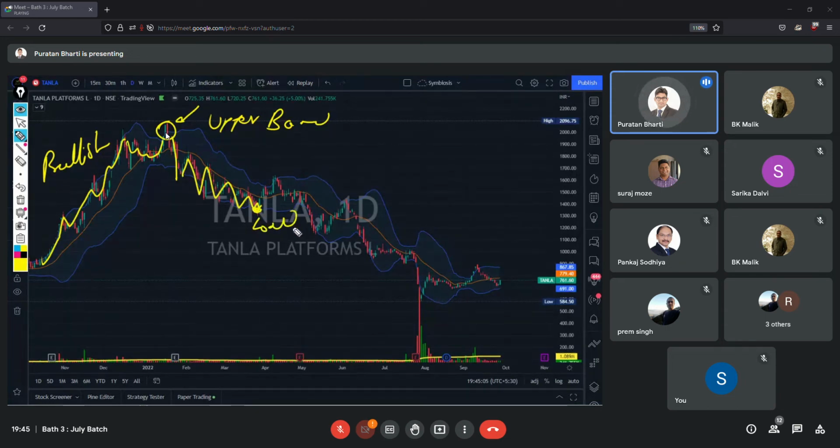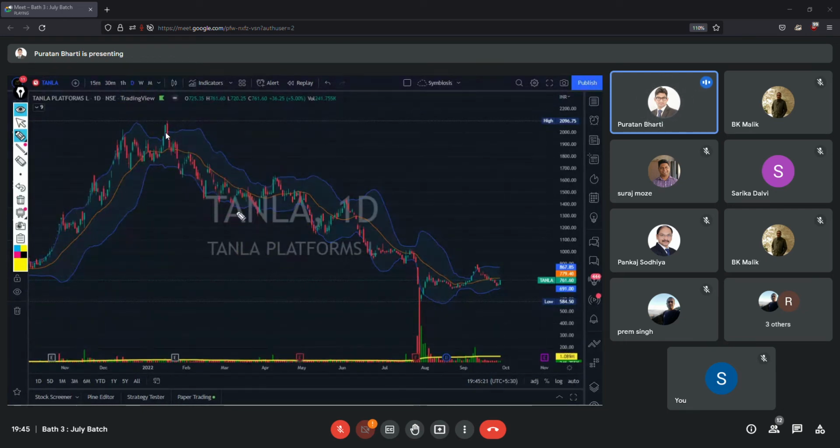Sometimes it touches the lower band once, and then moves up. So we have scenario 1 here, scenario 2 here, scenario 3 where it continuously corrects, then scenario 4 here where it touches once and moves up. So are you all synced in as to how this operates? There are different possibilities, I guess.